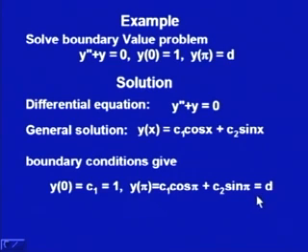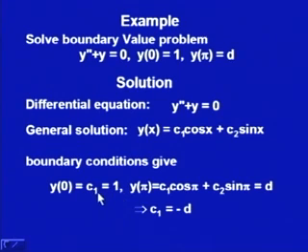Since cos pi is minus 1 and sin pi is 0, I would be getting C1 is equal to minus d. Thus, both the boundary conditions are giving me the value of C1 only.